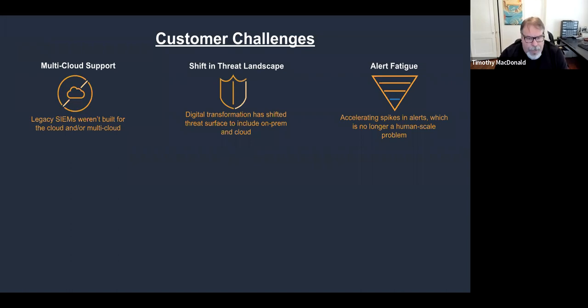So that's one thing. Secondly, the digital transformation to cloud has opened up a lot of additional attack surfaces, and created a much larger volume of machine data in the form of logs and events from different security tools. And the scalability of our product addresses that shift as well.